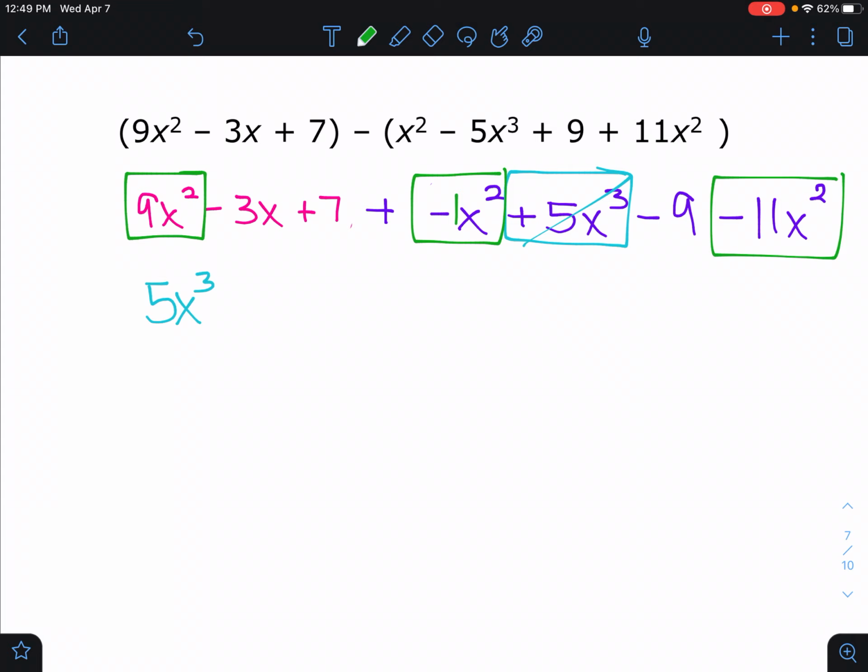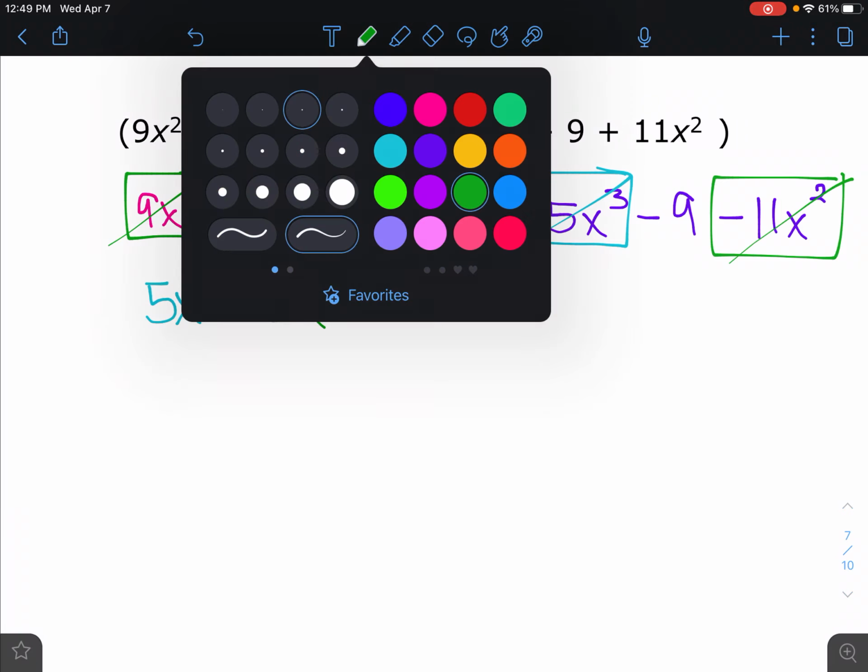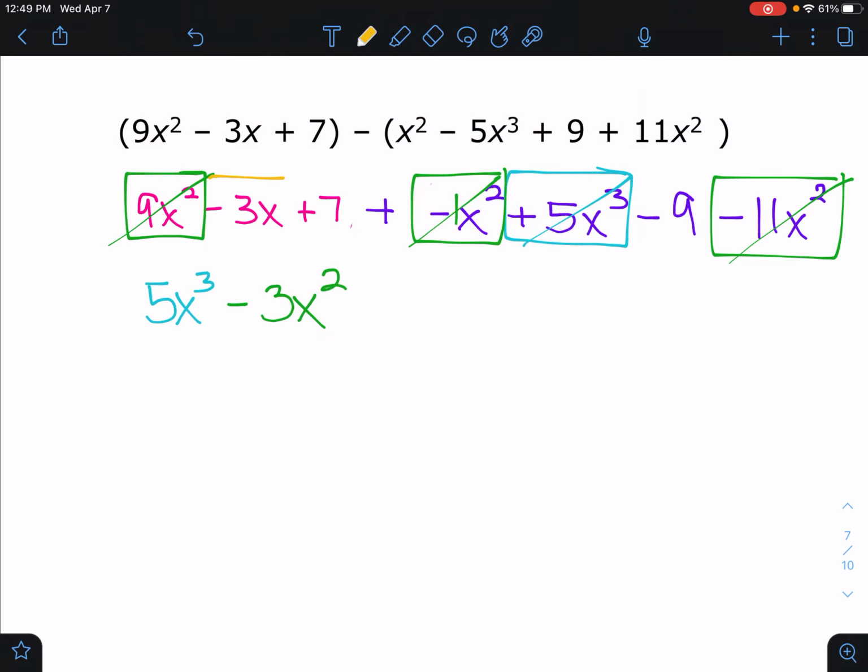And -11. So I got 9 minus 1 is 8. And then minus 11 would be -3. So this would be -3x squared. Cross those out. I got a -3x. And I don't see any other x's, so just going to copy that. Cross it out.